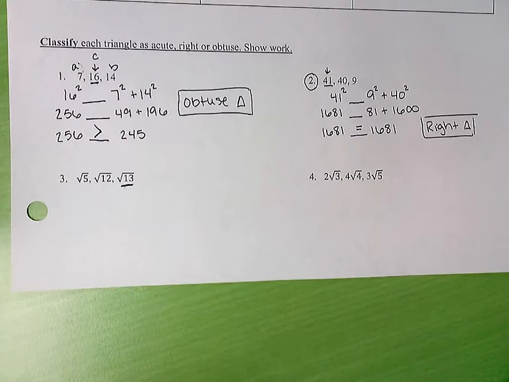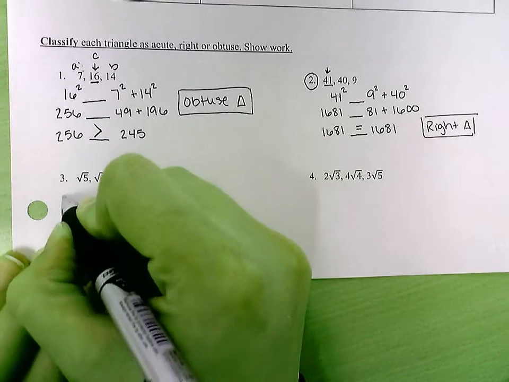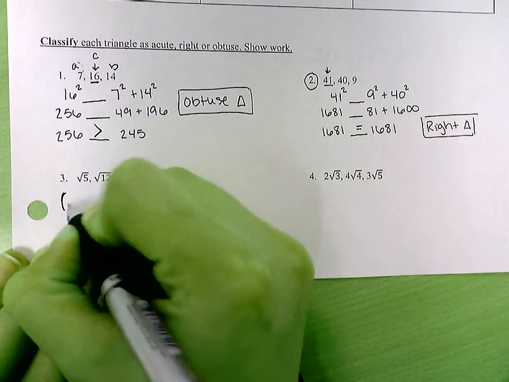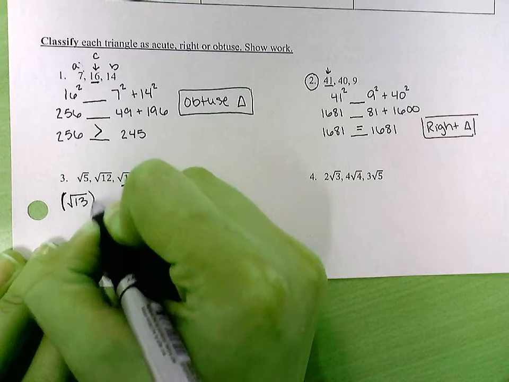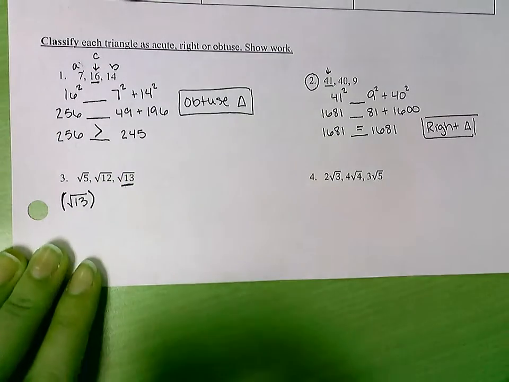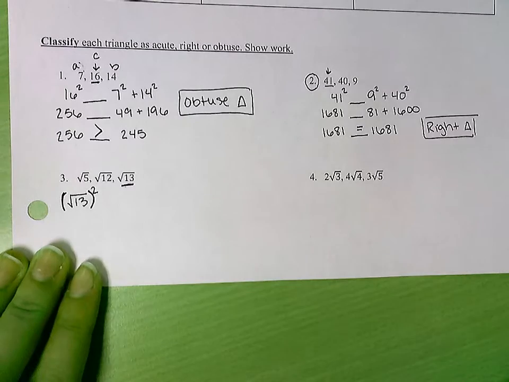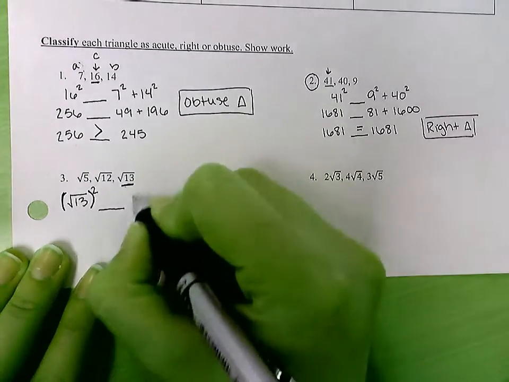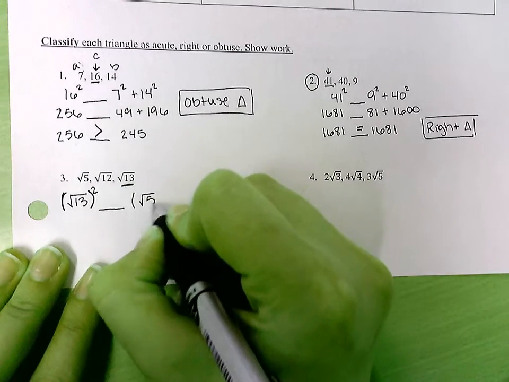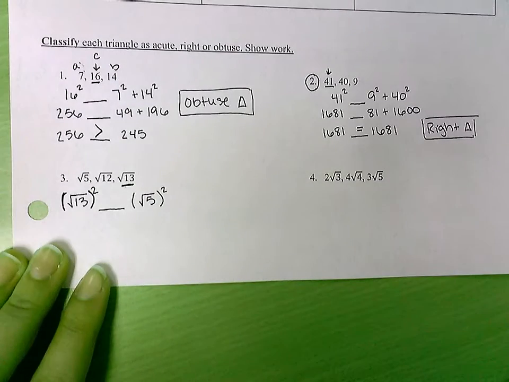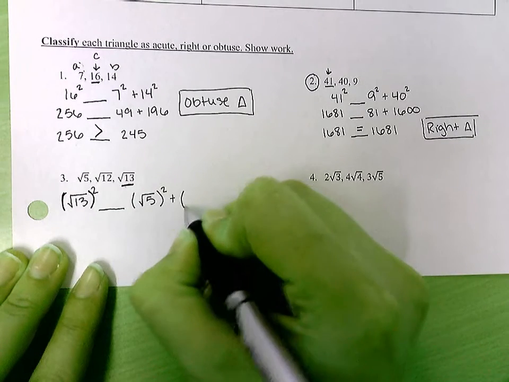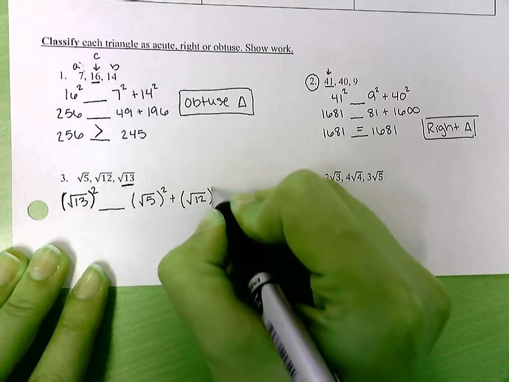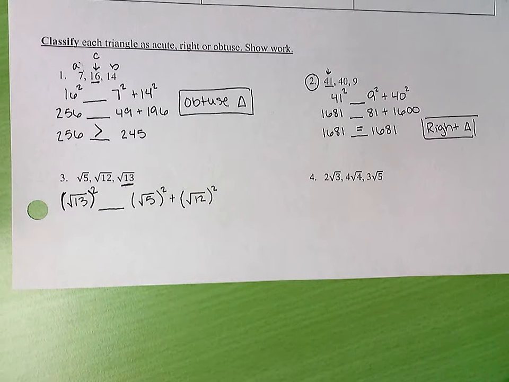So since square root of 13 is my greatest side, it's going to go on that left-hand side here. I have the square root of 13, and I'm going to put it in parentheses and square it. That is compared to the square root of 5 squared plus the square root of 12 squared. I'm putting the parentheses around it because what happens when I square a square root?